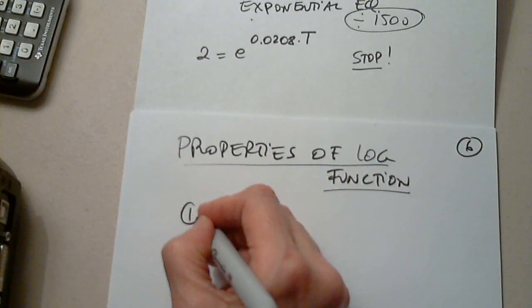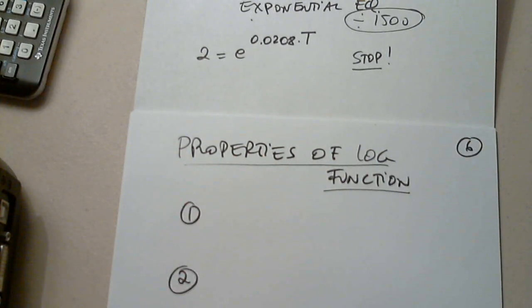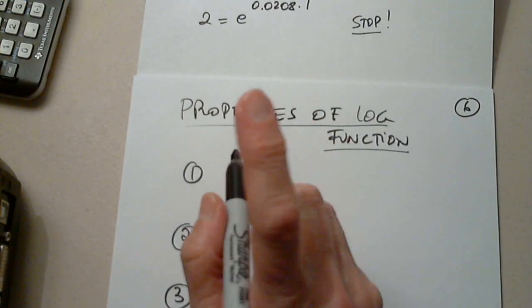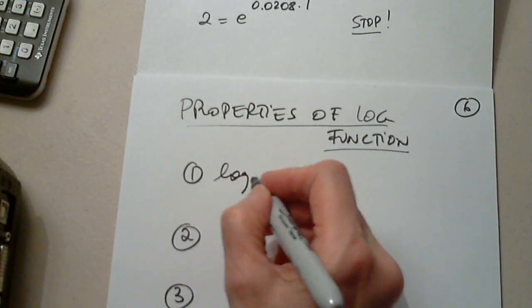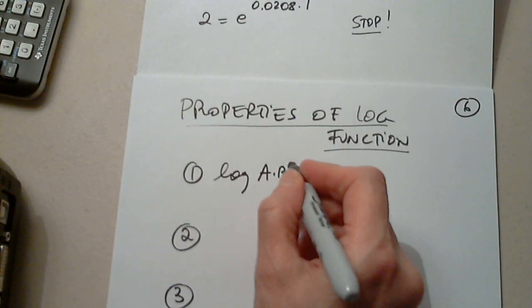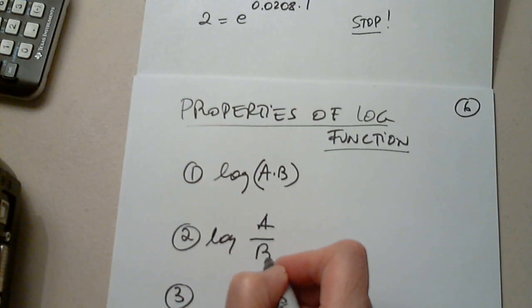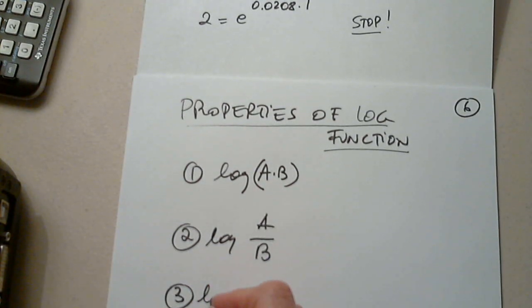There are three. Anyone remembers any of the properties of the log? Natural log, and I forgot the rest of this. Log applied to a product. Log applied to a ratio. And log applied to a power.